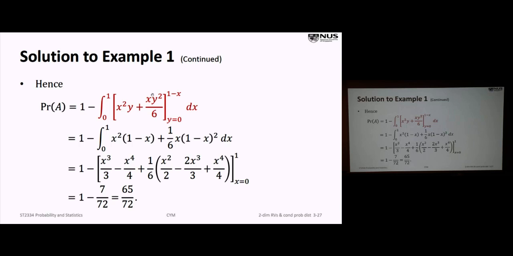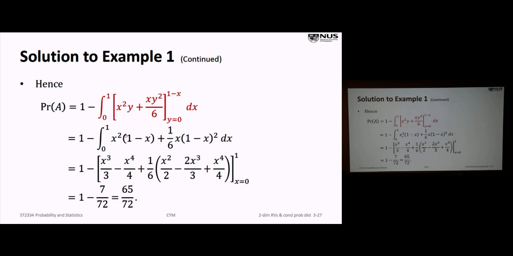If y is equal to 0, I knock out the whole function, so I don't care about that. And when y is equal to 1 minus x, I get x squared times 1 minus x plus x times 1 minus x all squared over 6. Now I just have to compute the integral with respect to x in the limit 0 to 1.